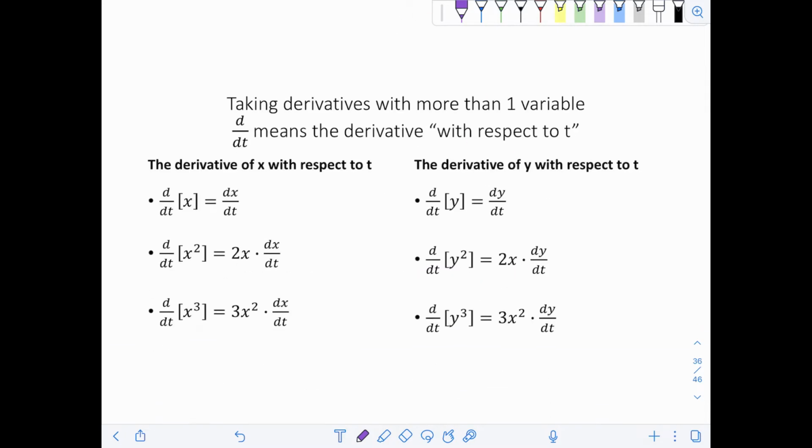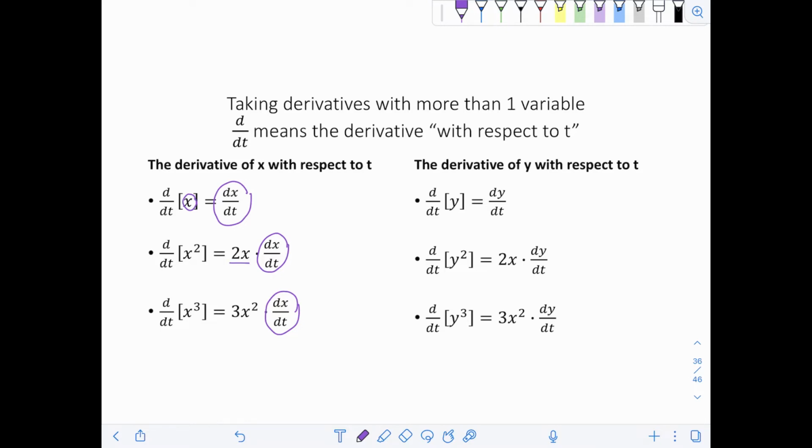So what does that mean? That actually means that whether we're taking the derivative of x or y, we treat it as implicit differentiation. And so if we look at the first one, what's the derivative of x? The derivative of x now becomes dx dt, which means that anytime we take a derivative of x, we have to multiply by dx dt.